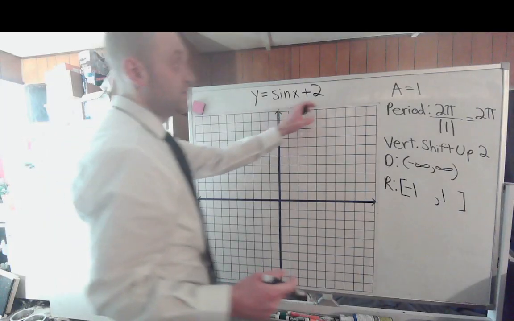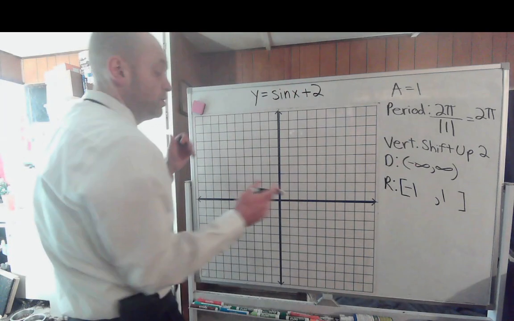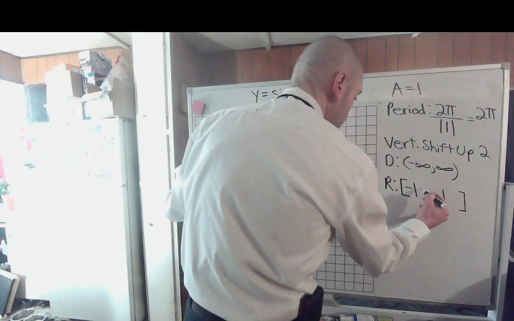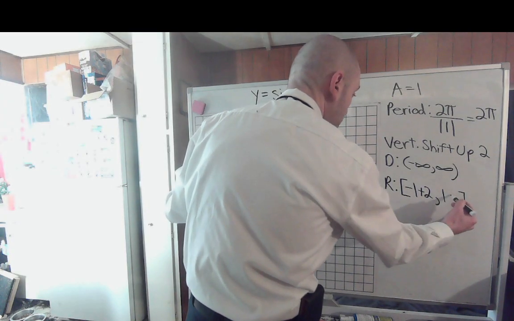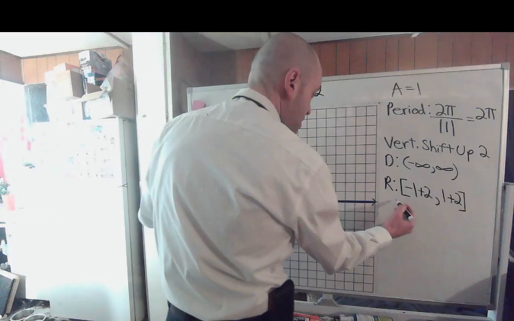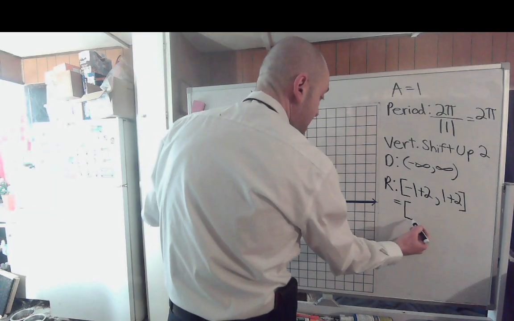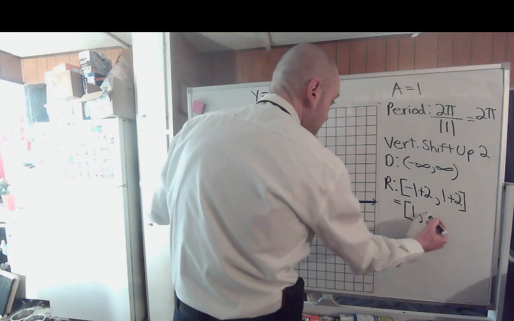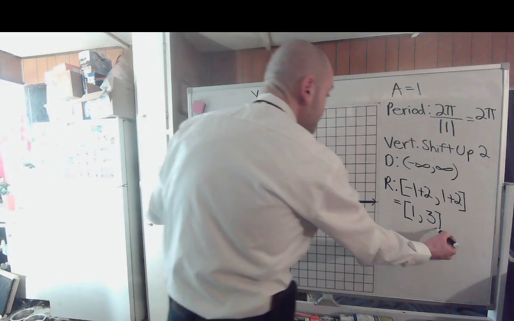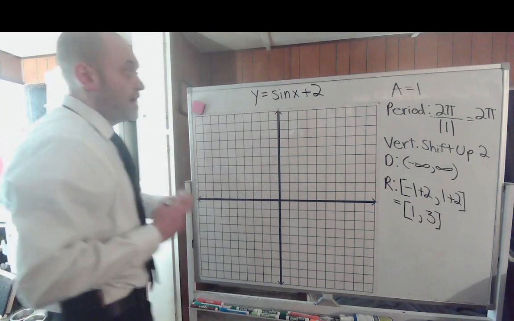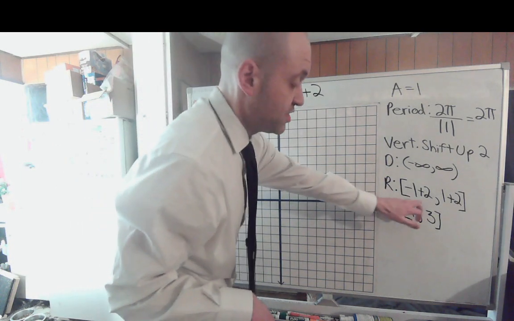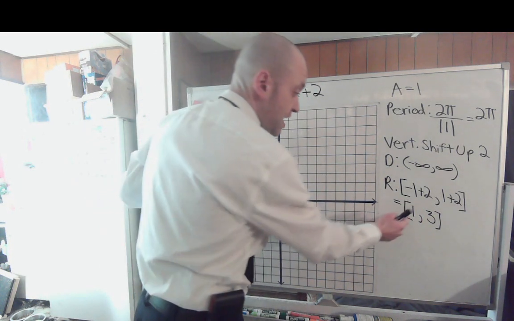However, we are shifting everything upwards 2 units. So your range is really negative 1 plus 2 and then 1 plus 2, which means your range is actually going to be positive 1 to positive 3. So you have to take that vertical shift and add it to your range.